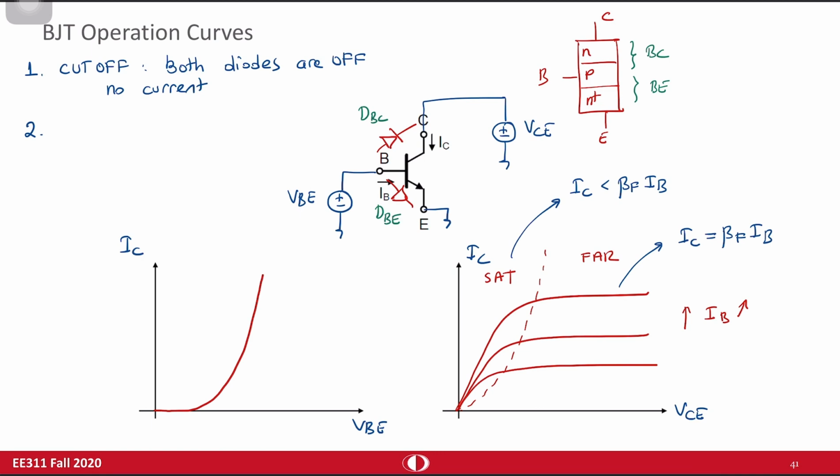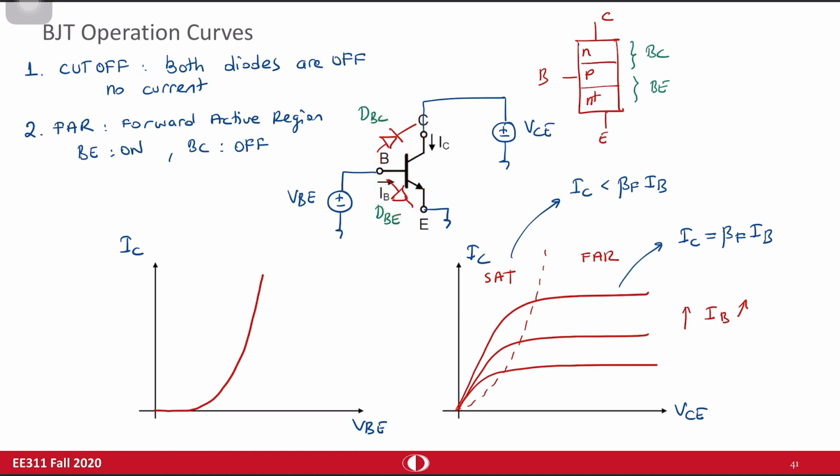In the second region, which is, let's say, forward active, now base emitter junction is on, base emitter diode is on, base collector is off. So this diode is off, this diode is conducting.